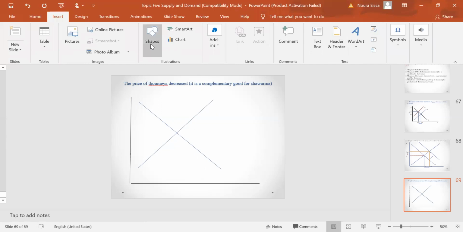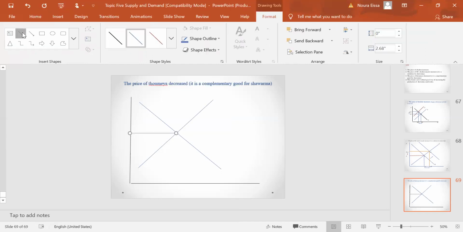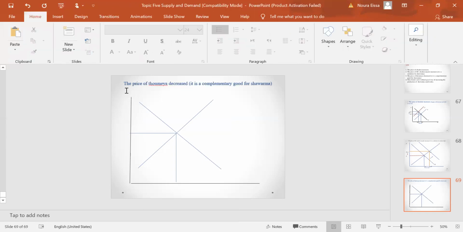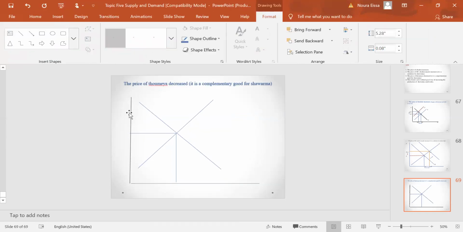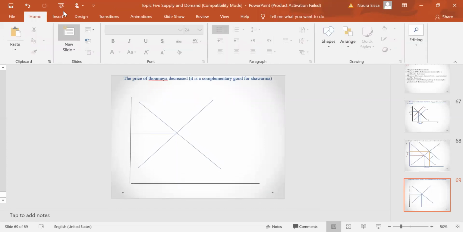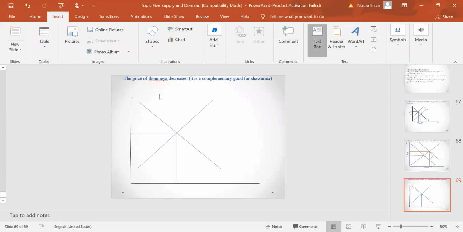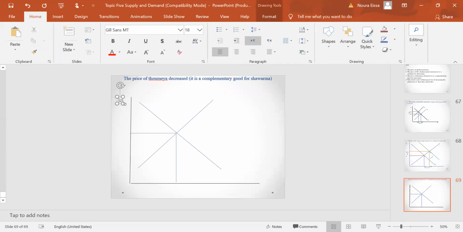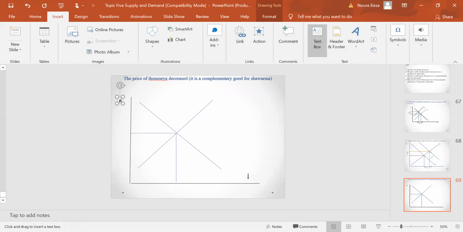So next, this is equilibrium price, all right? This is equilibrium quantity. Okay, let's label our graph first. Price, quantity.